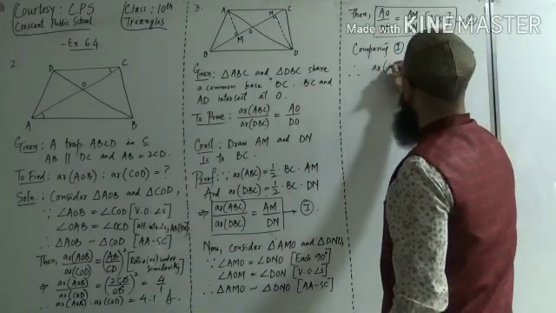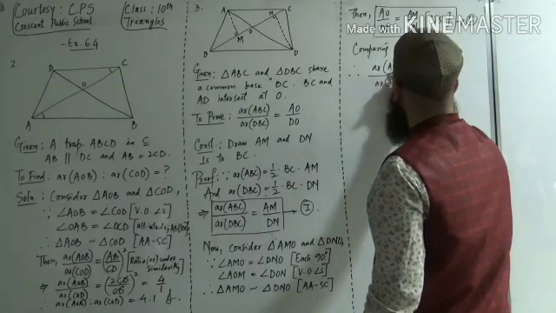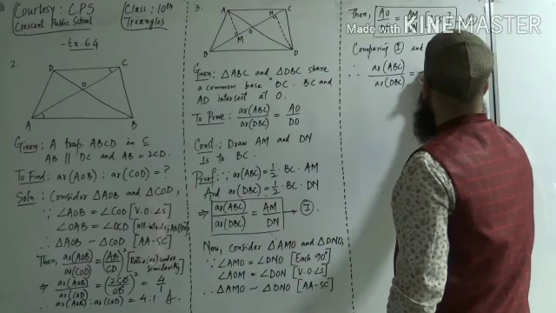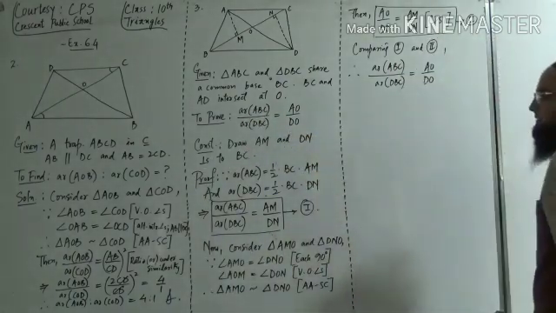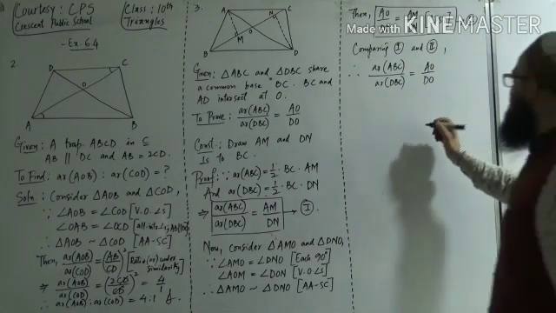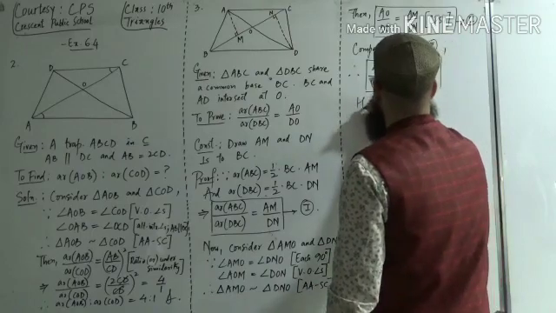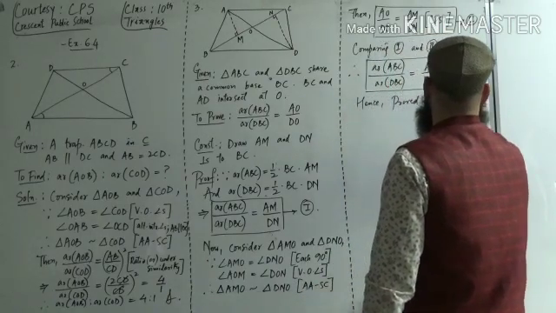Therefore, area of ABC divided by area of DBC is equal to AO by DO. This proves our result. Hence proved.